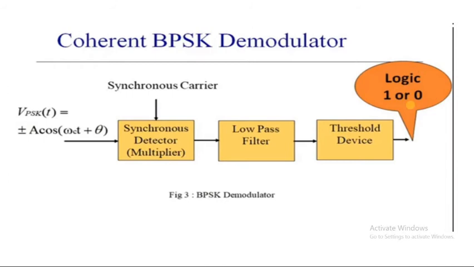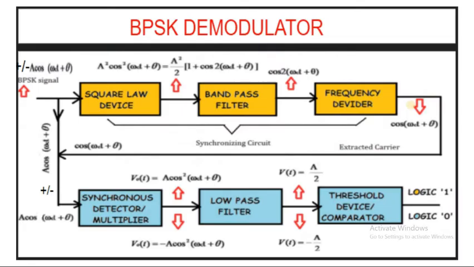The synchronous carrier signal in coherent BPSK is extracted from the received signal. For this, a synchronizing circuit is used as shown. The synchronizing circuit consists of a square law device, a band pass filter, and a frequency divider, that means divided by 2.